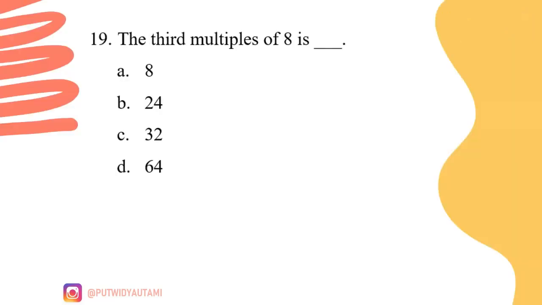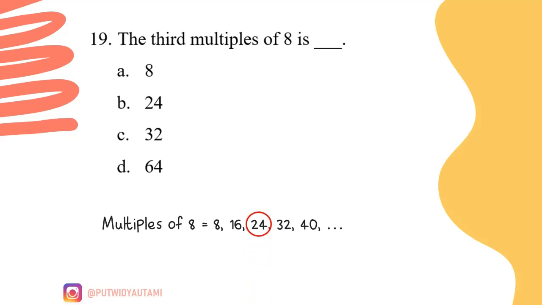19. The third multiple of 8 is, well, the multiples of 8 are 8, 16, 24, 32, 40, and so on. So, the third multiple is 24.